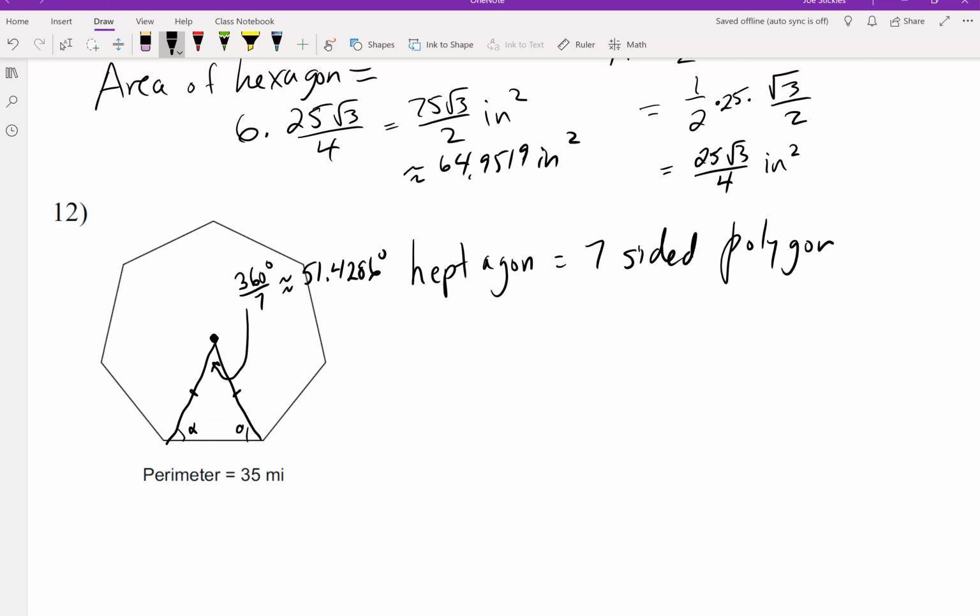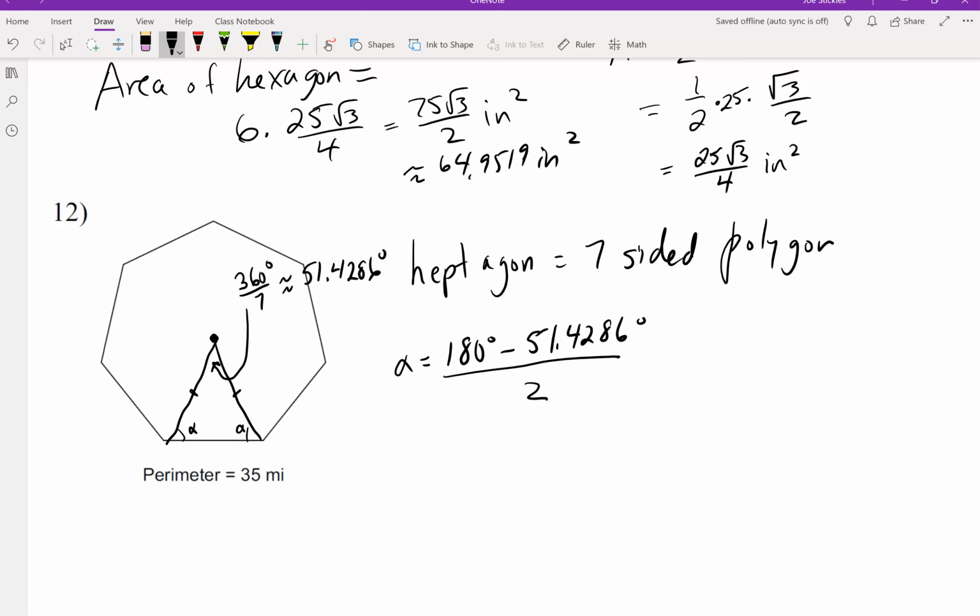This would also have to be alpha, so alpha will have to be 180 minus the 51.4286. Now that's going to be both of them together, so I have to divide that by 2. The 180 minus the 51 and change is what's left over, and we divide it in half because those two angles are equal.